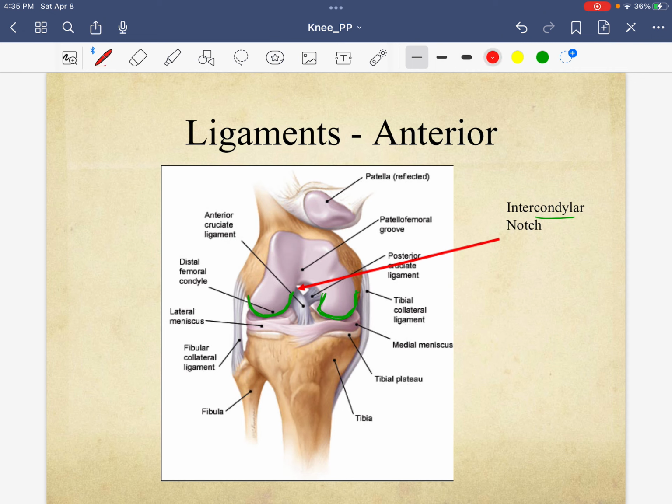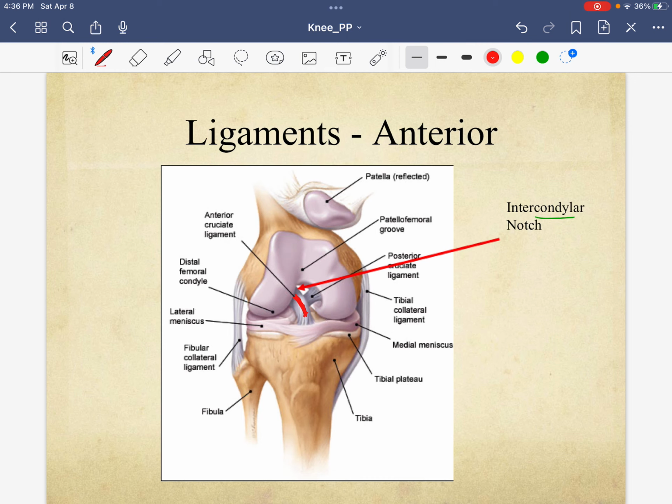And in red, there's a space. The space in between is the intercondylar notch. This is important because it is the space that the anterior cruciate ligament runs through. We're going to be talking about the ACL quite a bit in a moment, but you can see the ACL is right here. It literally runs through the intercondylar notch.